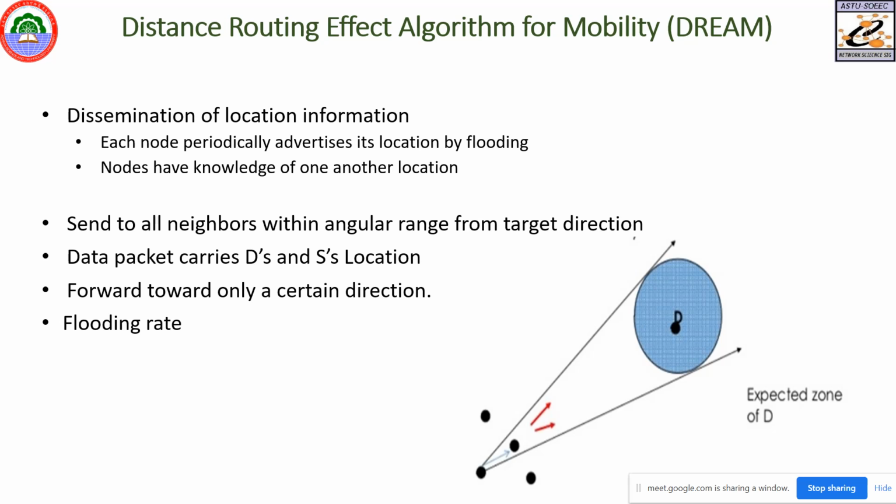We have a drawback in this DREAM protocol. It maintains a routing table to store the information at each and every node in the network. Therefore, when we have a large network, the size of the routing table is going to increase. For each node, it becomes an overhead to maintain all node information in the form of a routing table.